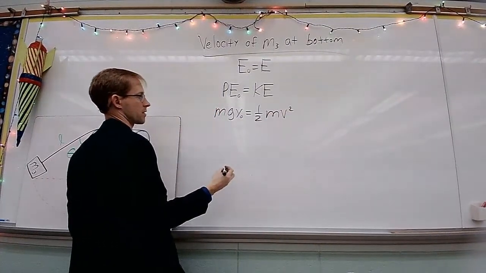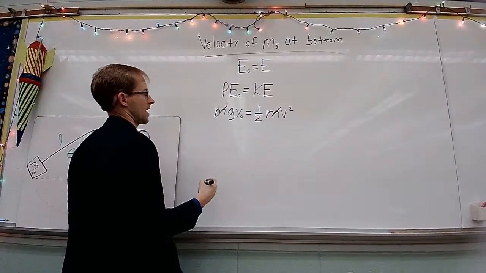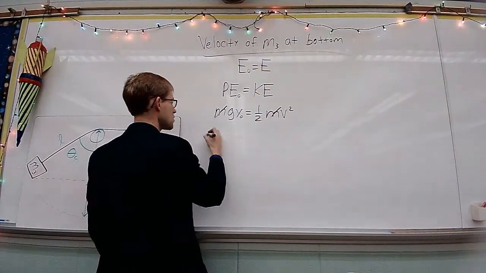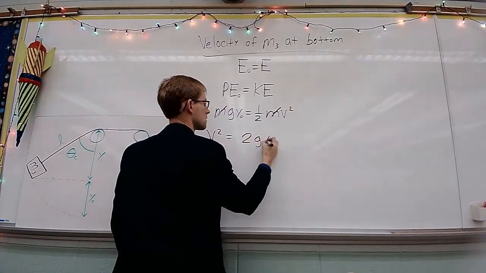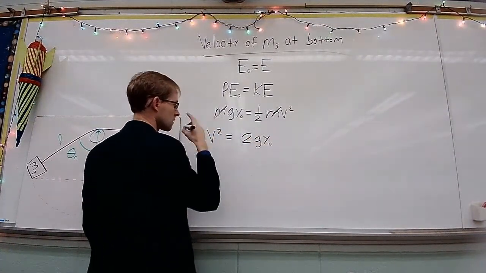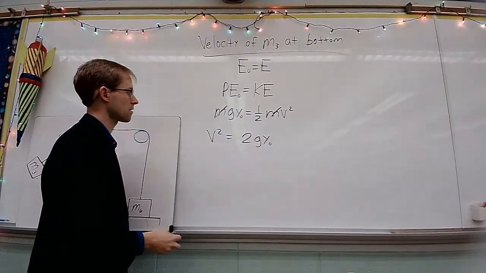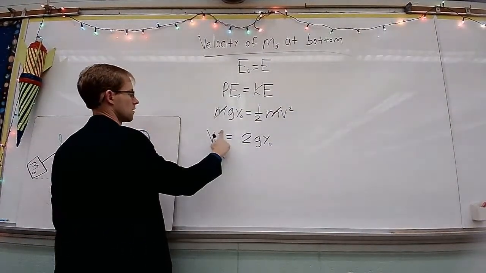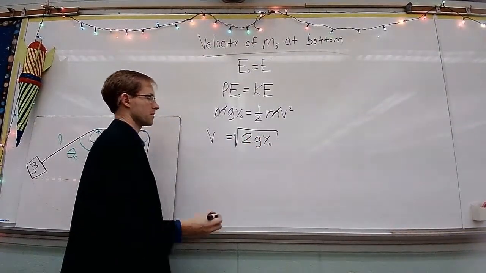So there's our expression. We're going to toss out the m's and multiply both sides by 2. And get rid of the square. So to get rid of the square, we erase it, and then of course we have to take the square root of the other side.